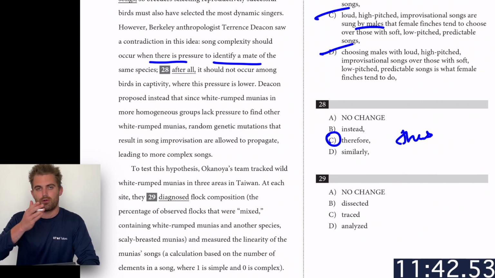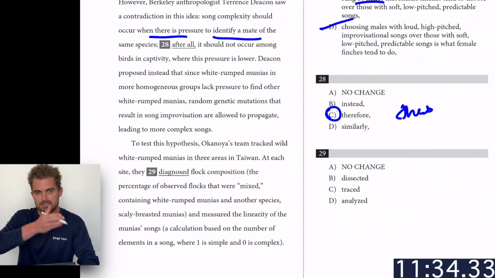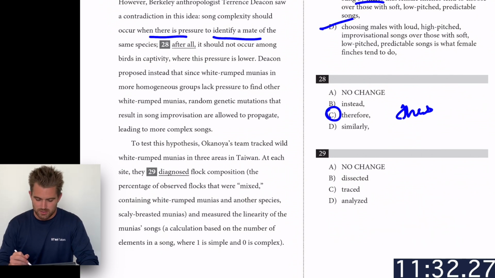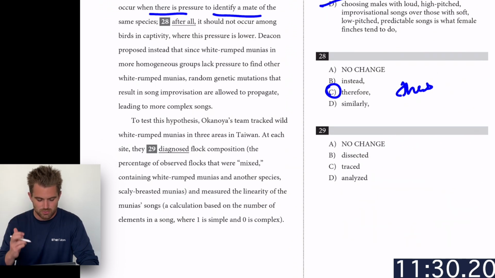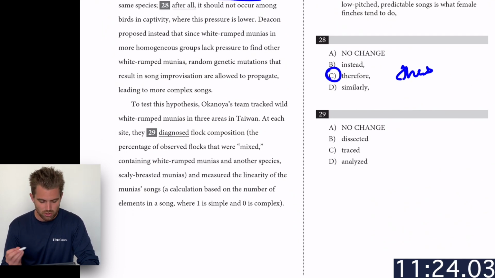Thus and therefore are both cause and effect transitions. Thus, it should not occur among birds in captivity, where this pressure is lower. That's cause and effect: this happened, thus this should happen. So I think "therefore" should be right. Thus was the first one that popped into my mind, but I know that thus and therefore essentially serve as almost the same type of transition. It's called cause and effect.